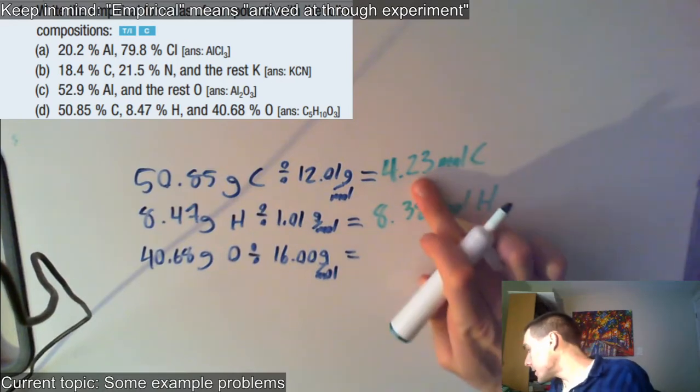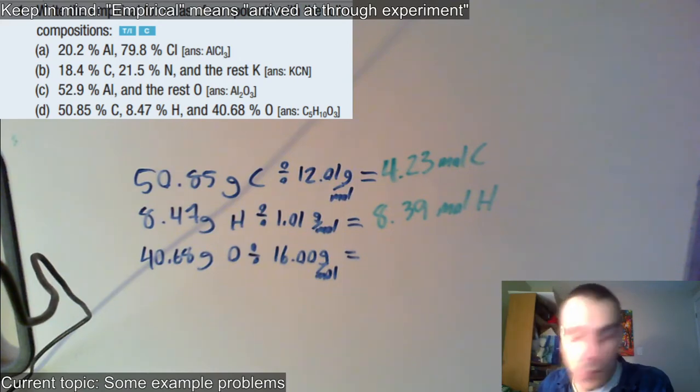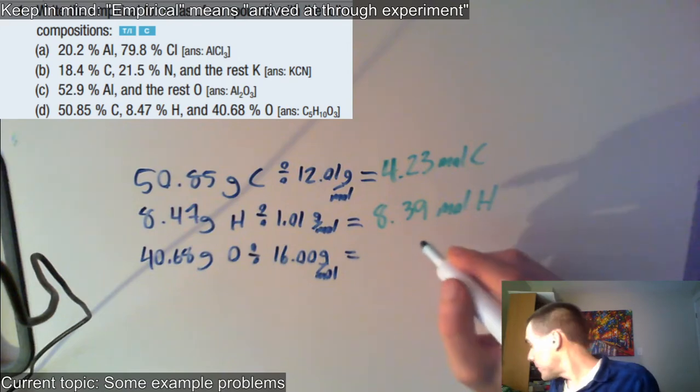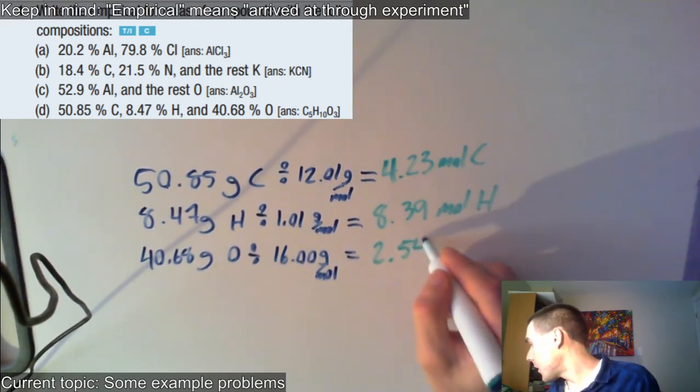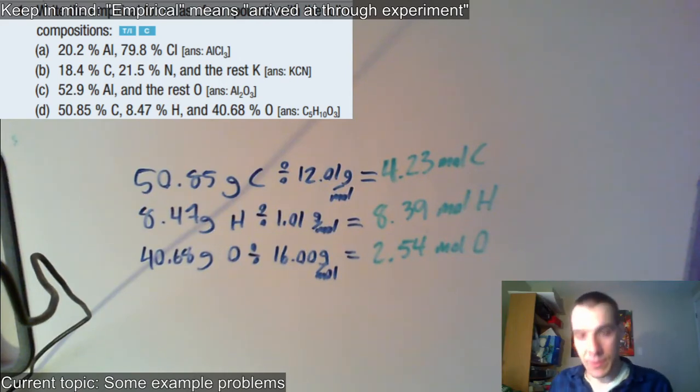Well, 8.39, I guess. It's closer to 8.39 than 8.38. And 40.68 divided by 16, 2.54 moles of oxygen.